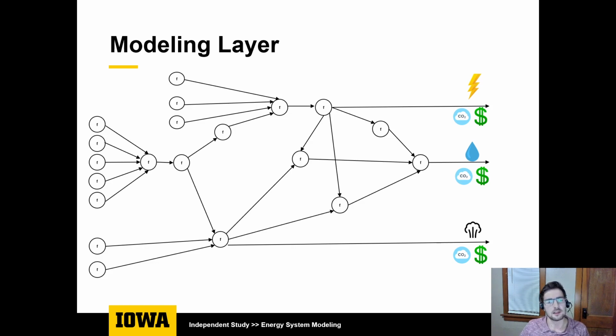And at the end of the day, you start on the left end where we're first creating the resources, and those resources travel through the network. And then at the end, we have the three resources that we provide to consumers: electric, steam, and chilled water, all over their carbon impact and the cost, the monetary cost it took to generate that resource.